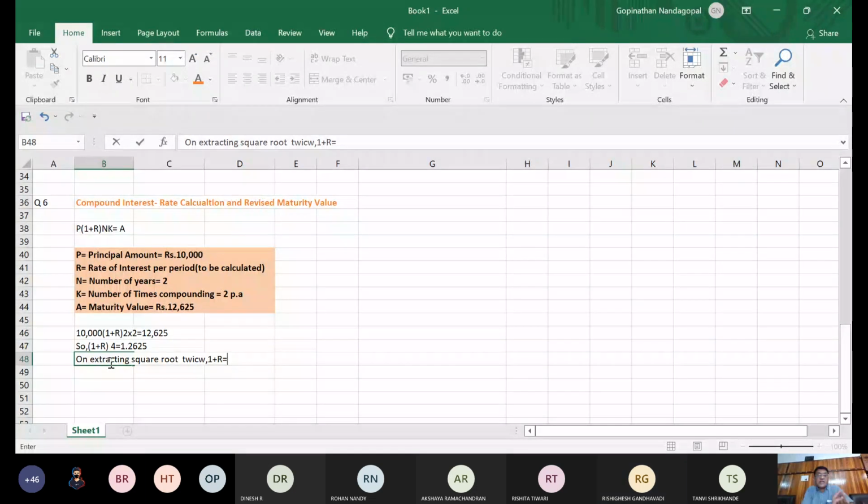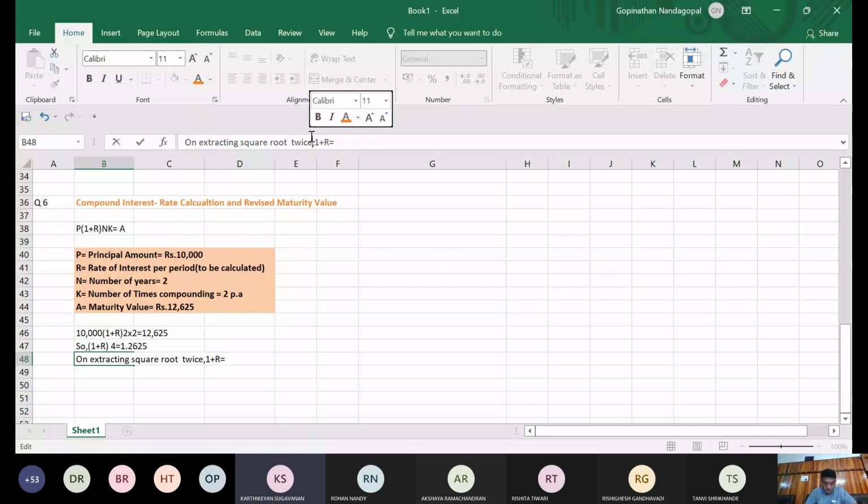Yes, please ask me. Shouldn't it be 1 plus R by 2? Because in the beginning it says half. See, that is why I used the words extracting square root twice. Here I have put 2 into 2, that is 4.